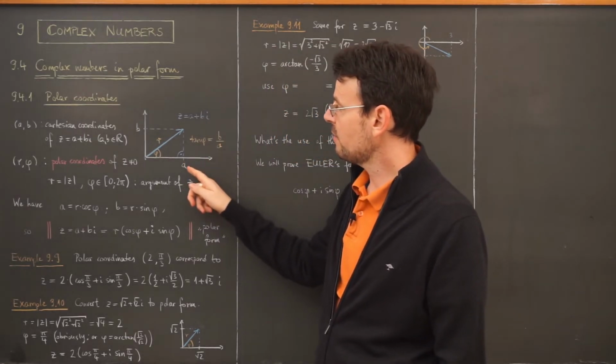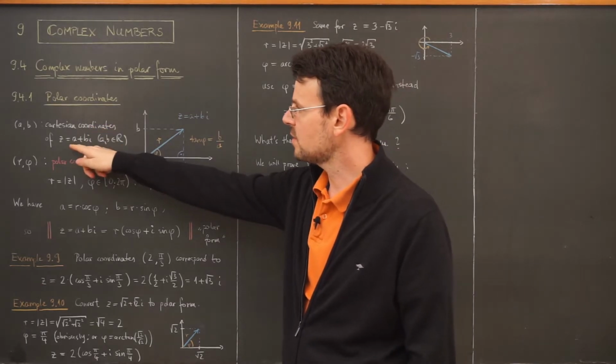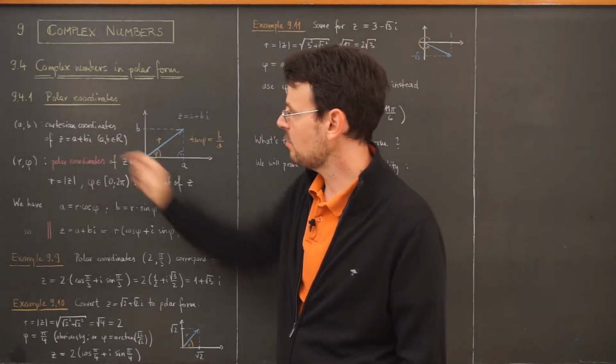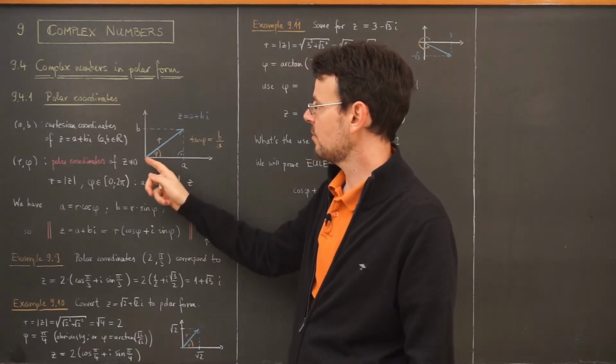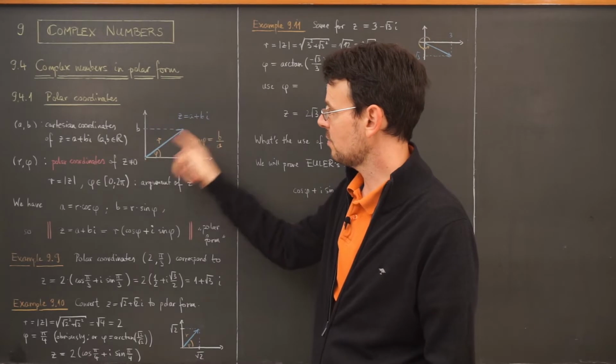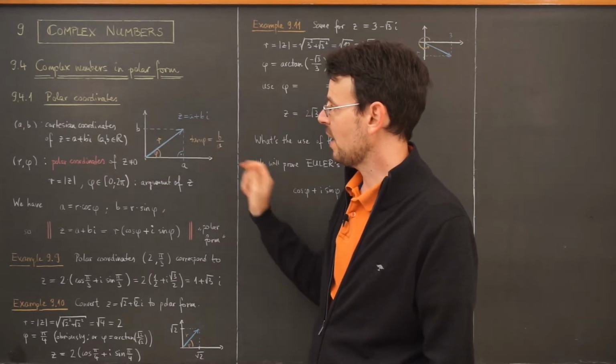So far we have used Cartesian coordinates for complex numbers, a being the real part and b the imaginary part, and the complex number is represented as always by this arrow.